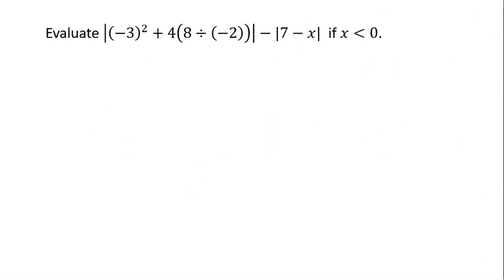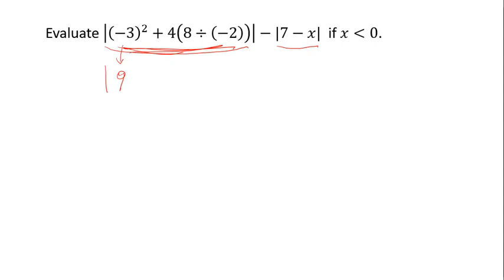Okay, let's look at the other problem here. We have another absolute value now. We have this absolute value and this absolute value. For this absolute value, since these are all numbers, no x in it, you directly calculate.